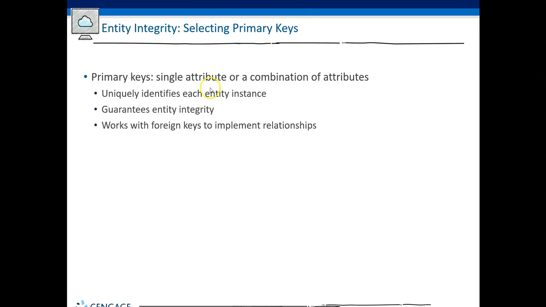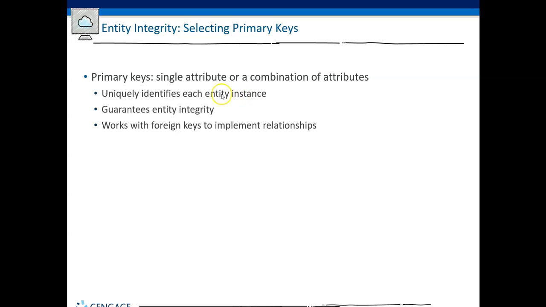So it's a single attribute or a combination of attributes. So it's a single column or a combination of columns. It could be 1, 2, 3. It could be the whole row combined. And if that's unique, that could be a primary key. But that's not usually how we do it. We try to either pick 1 or 2 columns or attributes or fields to make a primary key.